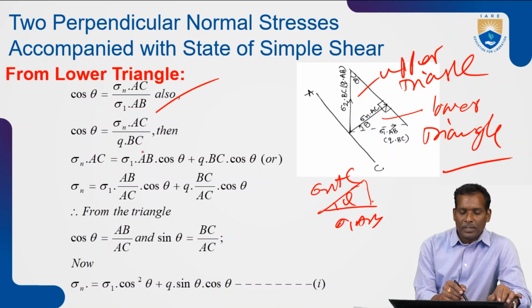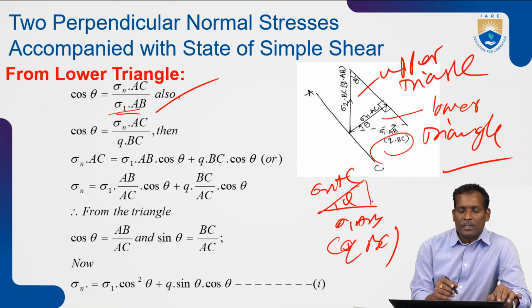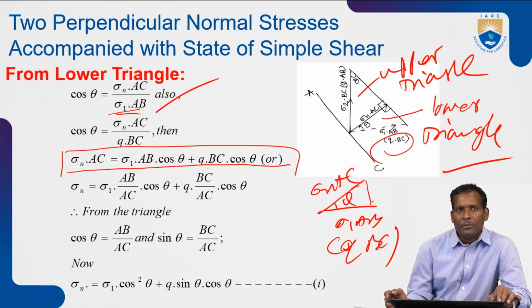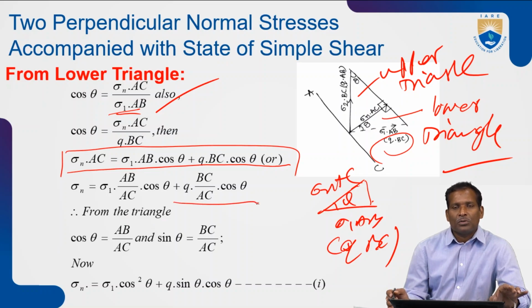Cos theta is equal to sigma n AC by Q. The sigma 1 is Q, QBC in terms of shear stress QBC. So then sigma n AC is equal to sigma 1 AB cos theta plus QBC cos theta. Or you can write sigma n is equal to sigma 1 AB by AC into cos theta plus Q into BC by AC into cos theta.